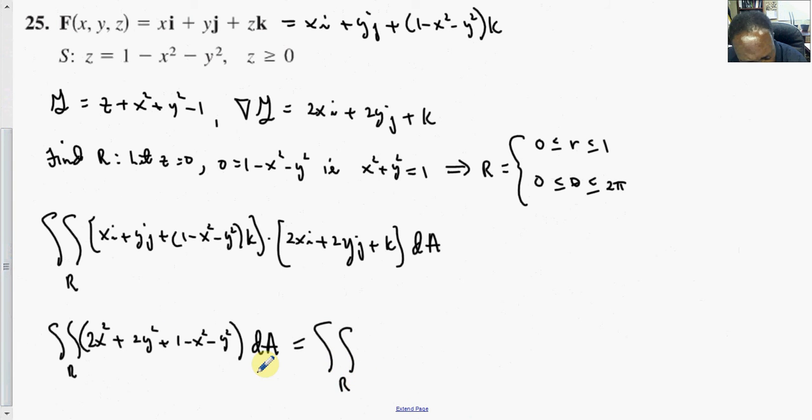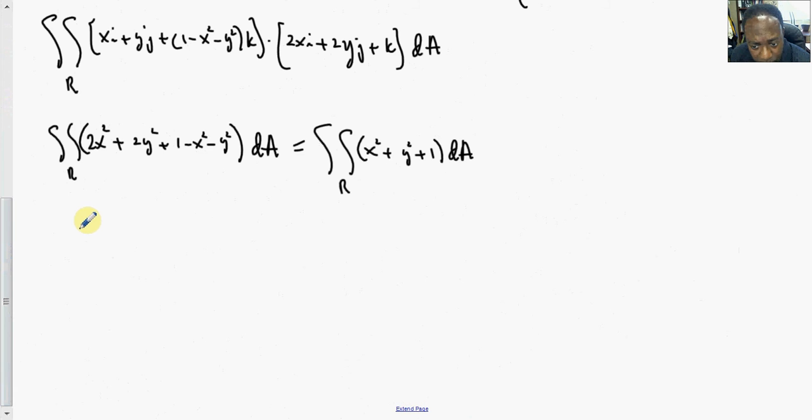So this, we simplify this. This is 2x squared minus x squared is x squared plus 2y squared minus y squared is y squared. Then this is plus 1 dA. I'm going to convert now from rectangular to cylindrical or polar coordinates, however you want to say it. So x squared plus y squared is r squared plus 1. This is times r dr d theta.